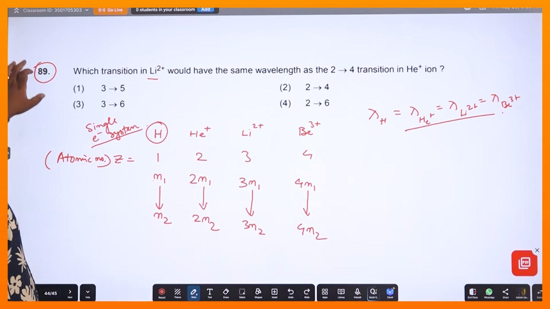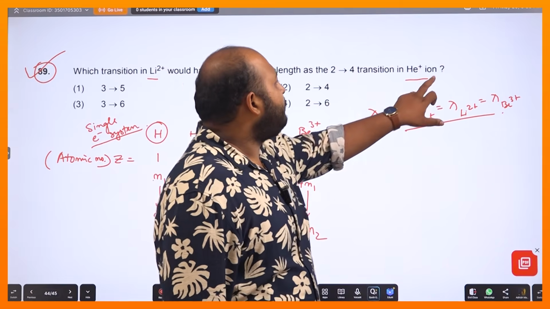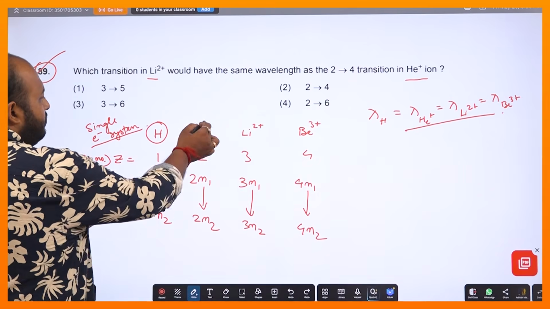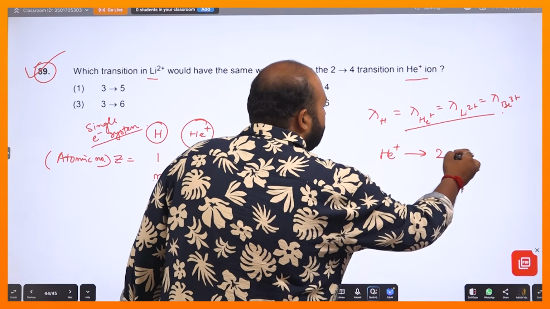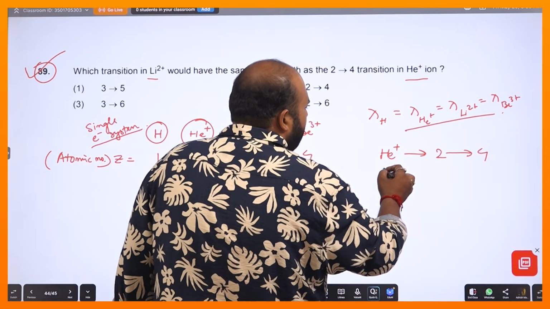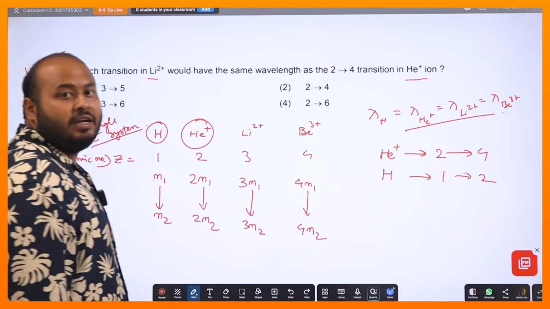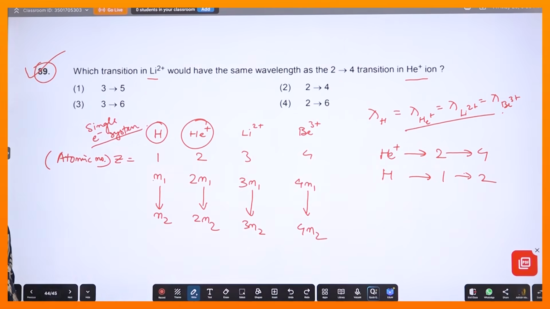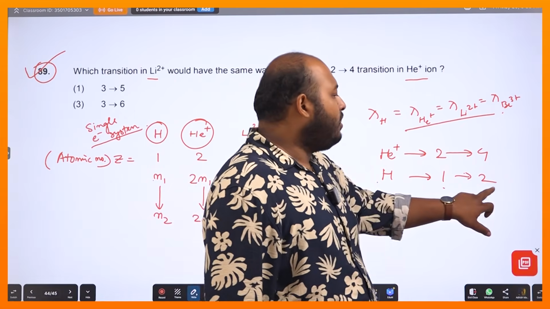Now we come back to our question. It is asking for which transition for helium plus. For helium plus it is given 2 to 4. If for helium plus it is 2 to 4, then for hydrogen atom it will be 1 to 2, because if we divide the transitions by the atomic number, then for hydrogen it becomes 1 to 2.